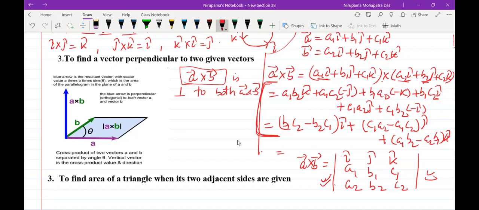Here you have A vector, B vector. So now A cross B will be the vector which is perpendicular to both A and B.